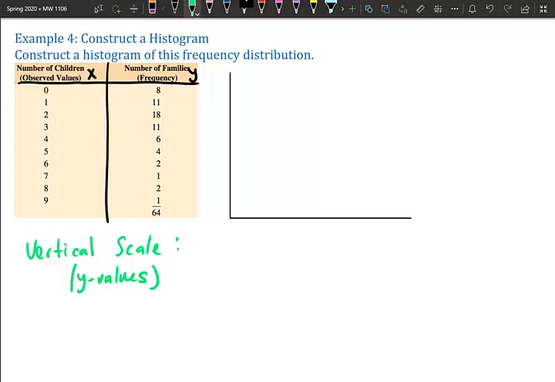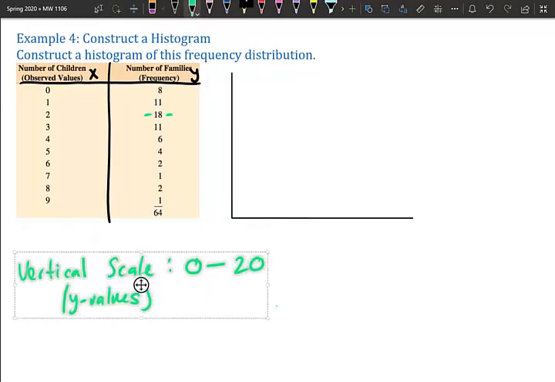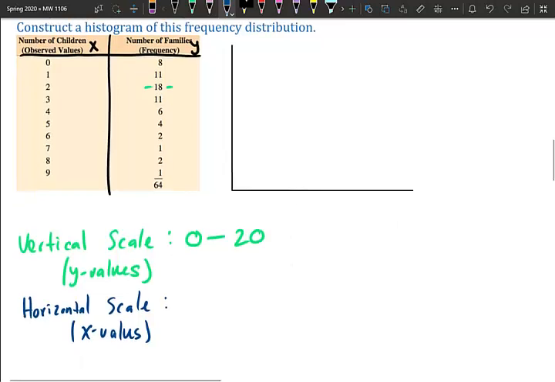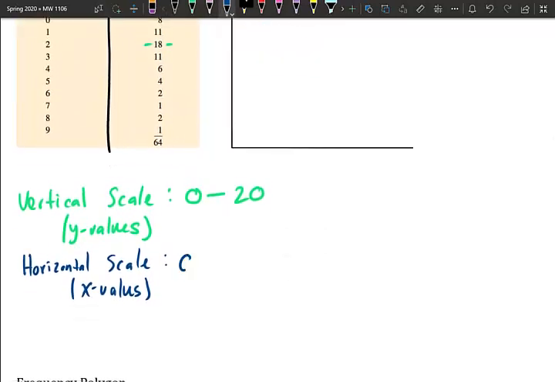So 0, and then our highest number is 18, so I'm going to go 0 to 20. Just a nice round number, you know? And then our horizontal scale, which are our X values. I was looking at the Y. So for the X's, it's 0 to 9. So that's the only X's I'm going to have, 0 to 9.